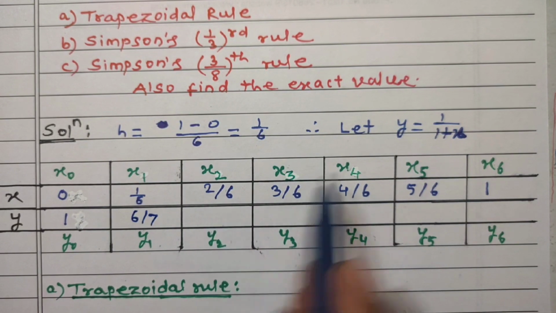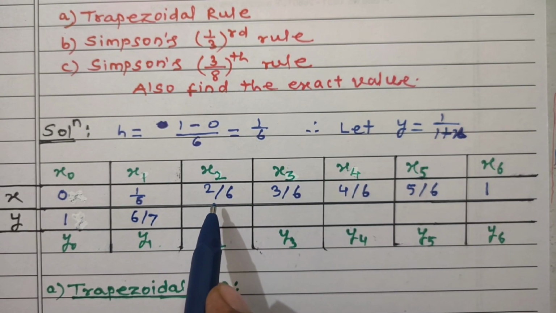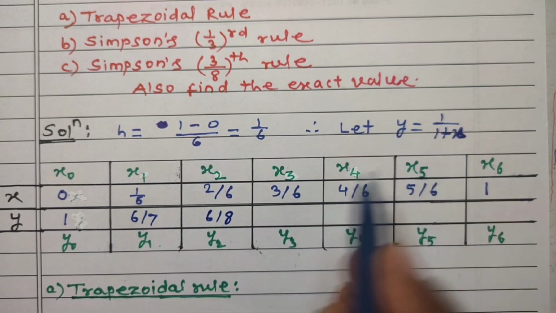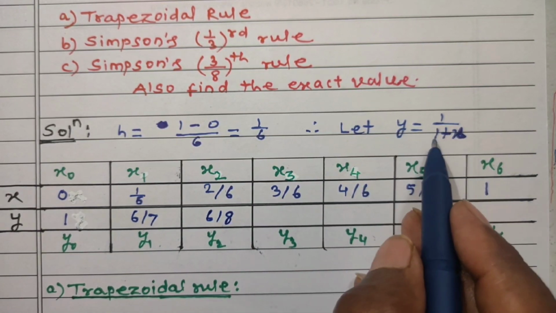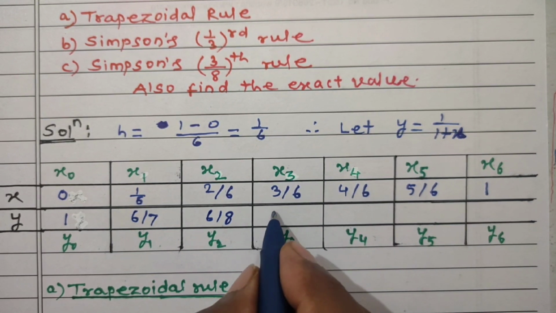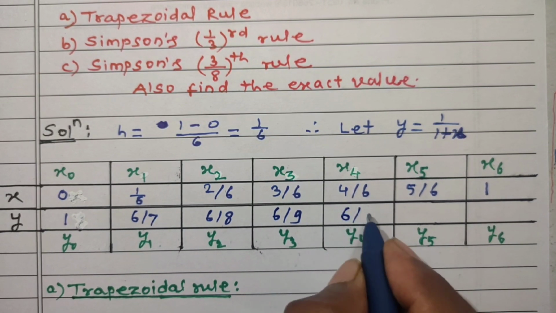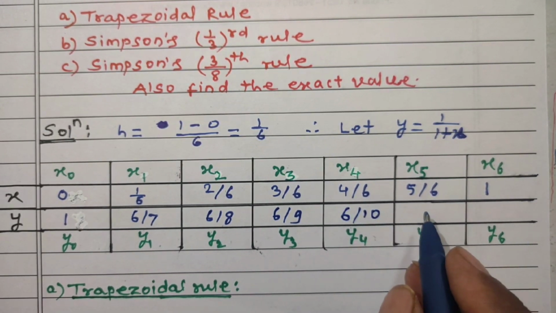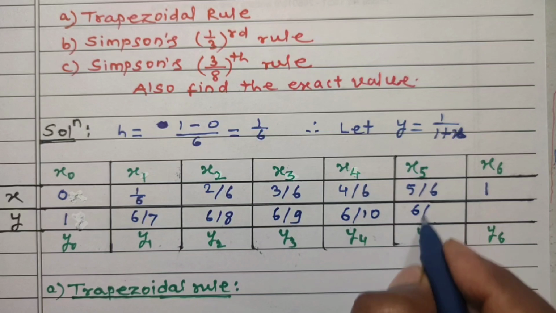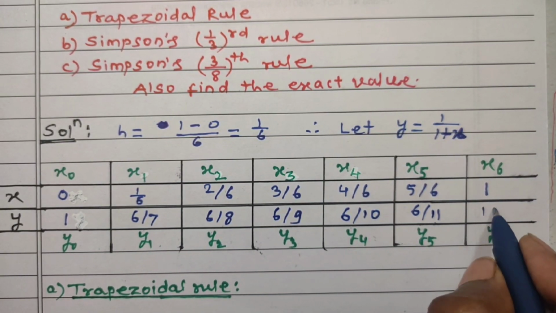Replacing x by 2 upon 6 here, that gives y2 and y2 will be 6 upon 8. Replacing x by 3 upon 6 in this function, then y3 is equal to 6 upon 9. Then y4 is equal to 6 upon 10. y5 is equal to 6 upon 11 and y6 is equal to 1 upon 2.